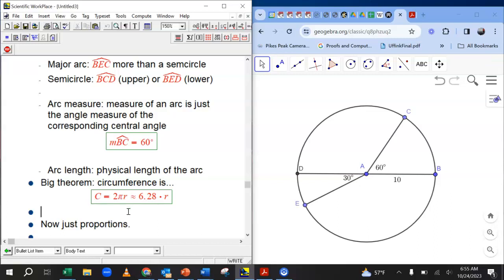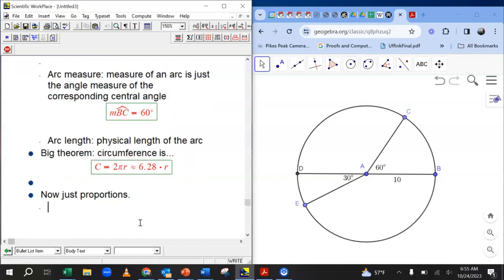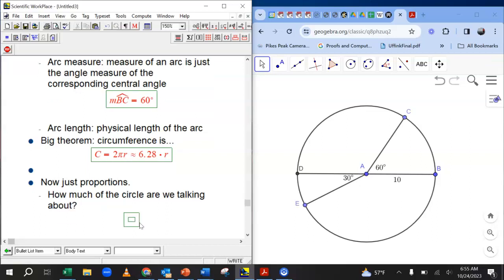Now it's just proportions. It's pretty easy. Okay. How much of the circle are we talking about? And that's pretty easy to do because we know all the way around the circle is 360 degrees. So we're talking about something that is 60 degrees out of the 360.